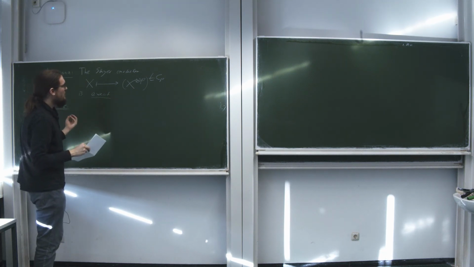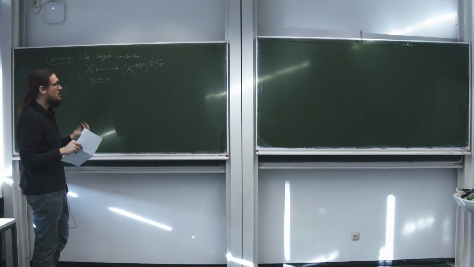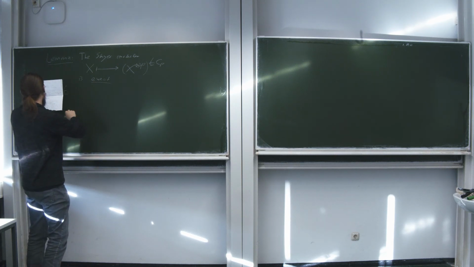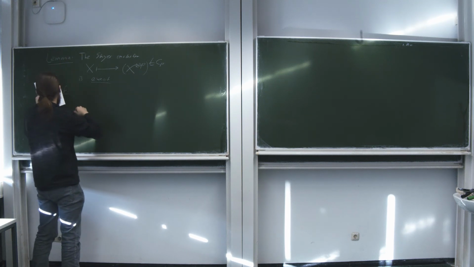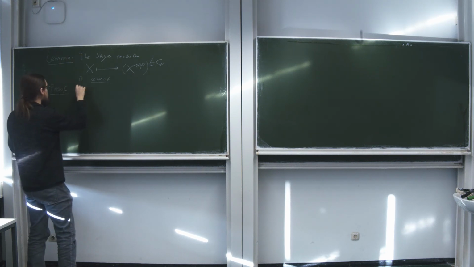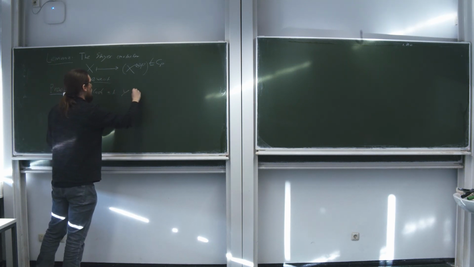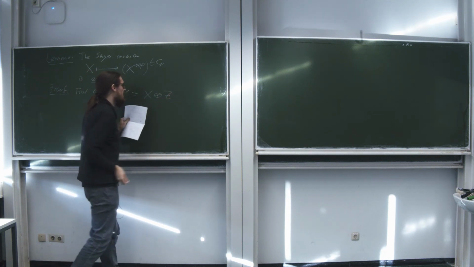Just to get a feeling for what's going on, let's first check a special case, and that special case is to check that this functor is additive. So let's look at the case where we have a spectrum Y which splits as X plus Z.